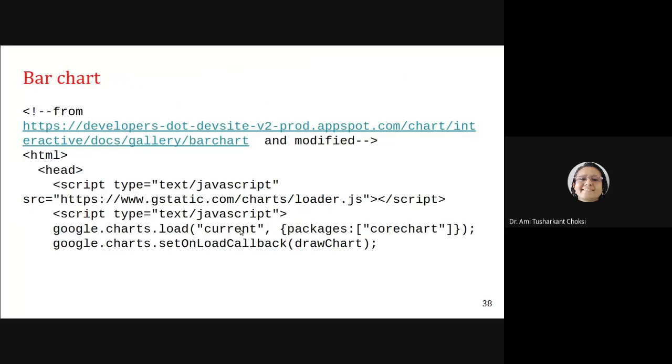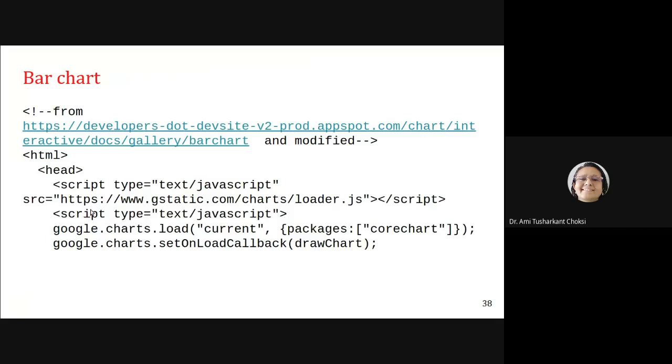So, what should we do? Let us have the code for that. Let's say HTML, head, script. Now here we need to provide the JavaScript path which will give us the support for Google chart, right? So for that, script type is equal to text/javascript.